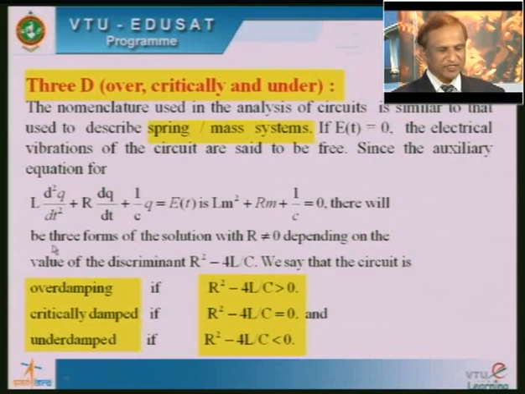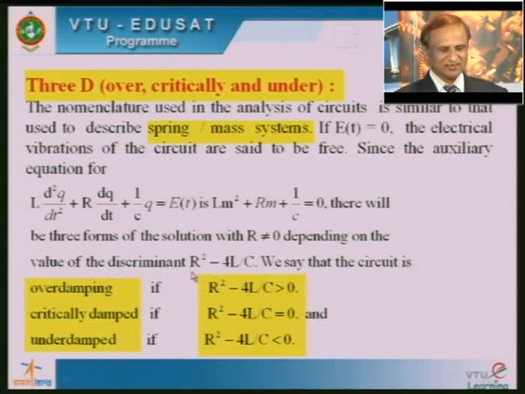Right? So there will be three forms of the solution. Just now I have mentioned we want to find the value of lambda square minus omega square. Exactly in the similar way, here also we will get three types of values, with R not equal to 0, depending upon the value of the discriminant. In the previous case I said lambda square minus omega square.